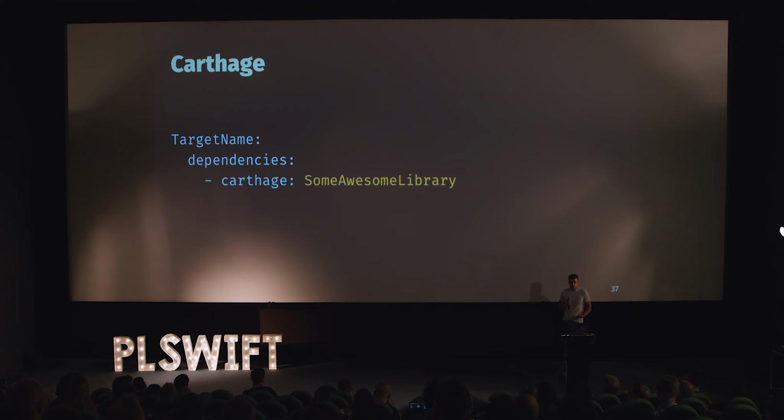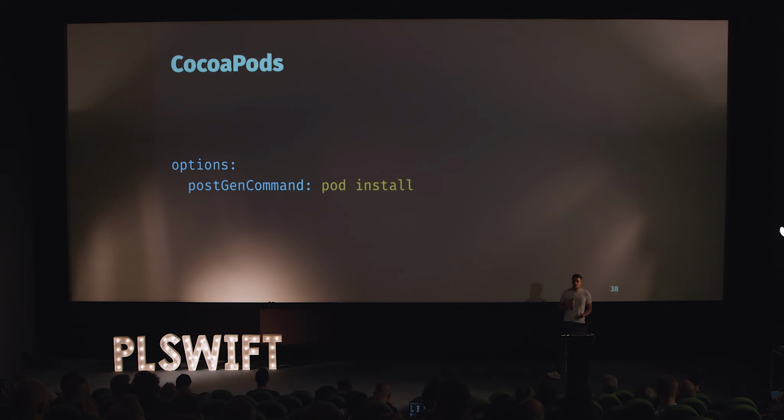If you use Carthage, you just use your Cartfile as usual, and then just reference those libraries in your targets with the carthage keyword. If you use CocoaPods, it's a bit different story, because let's go through how CocoaPods work.